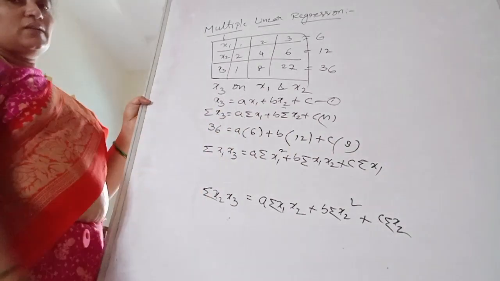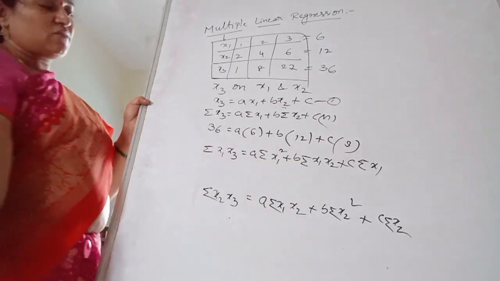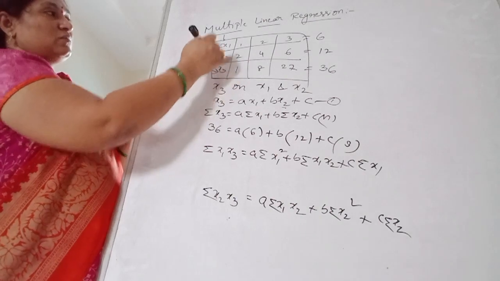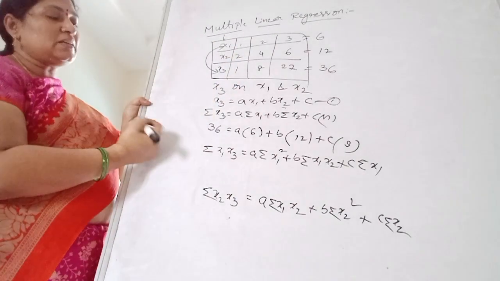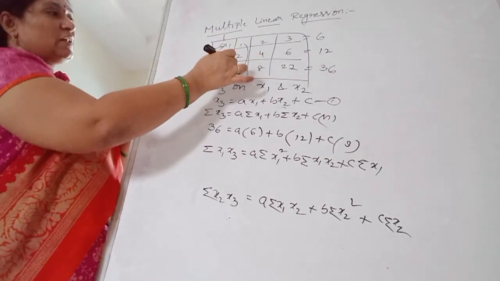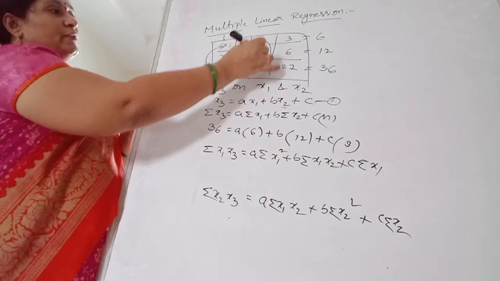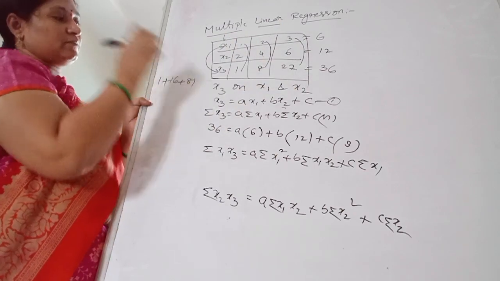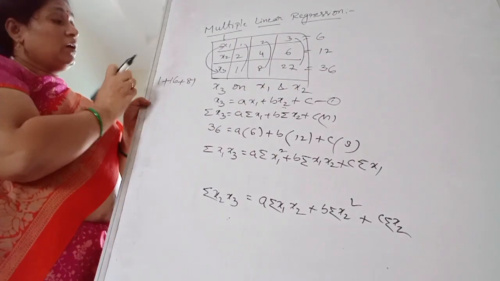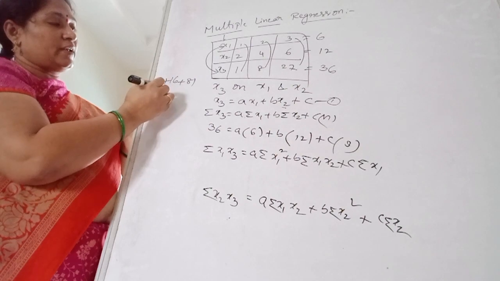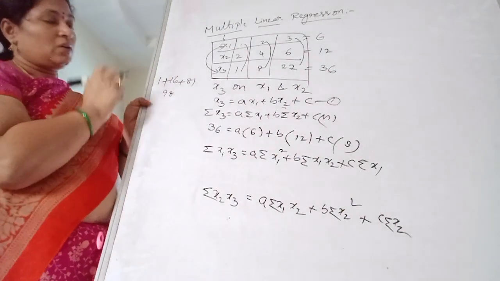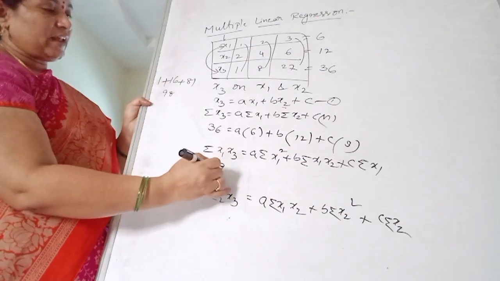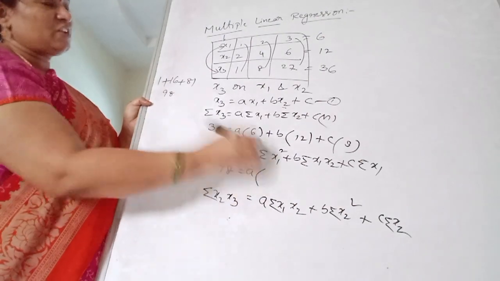Next, in this equation we have to substitute the summation values. Summation of x1 x3: we multiply these two variables and then take the summation. x1 into 1, 1, plus 2 into 8, 16, plus 3 into 27, 81. 17 plus 81, 98. So summation of x1 x3 is 98, equal to a into summation of x1 square.